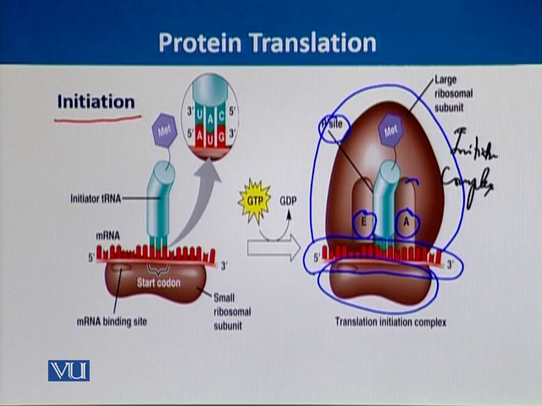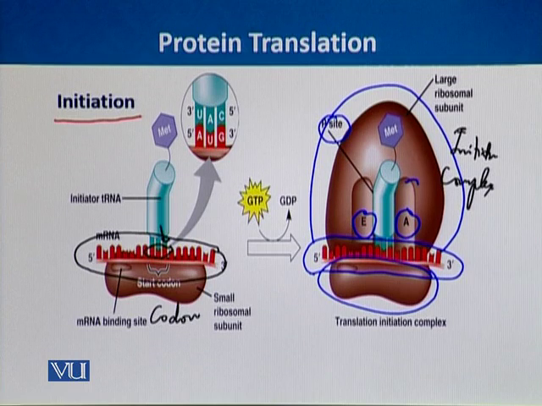So we will see that when messenger RNA binds with the smaller subunit of ribosome, it recognizes a special 3 nucleotide codon. So the 3 nucleotides attached at one side of transfer RNA are called the anticodon, and that is complementary to the sequence of messenger RNA.